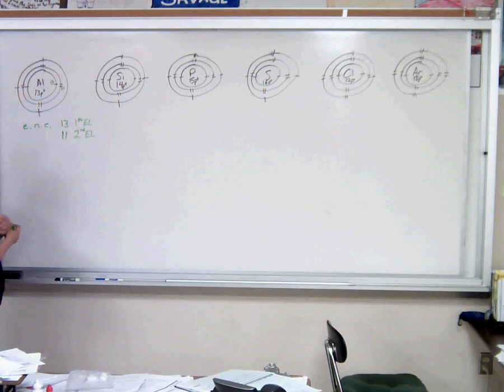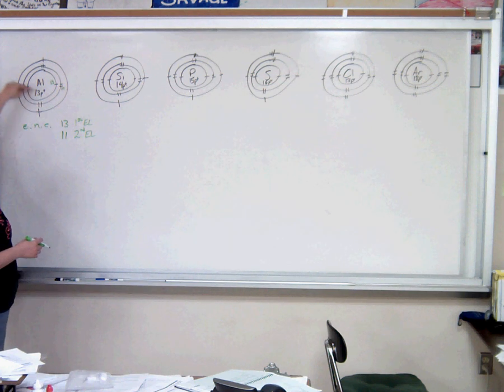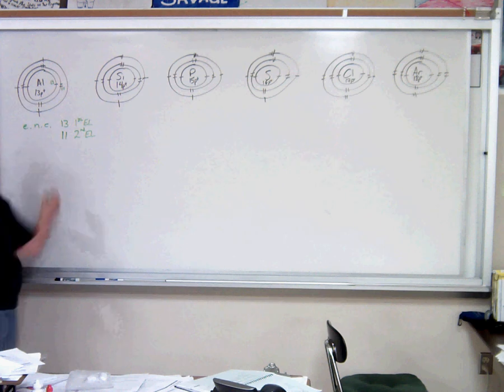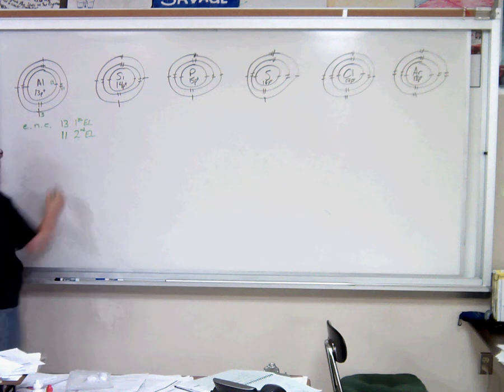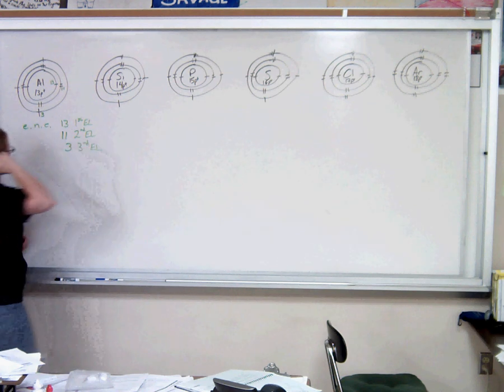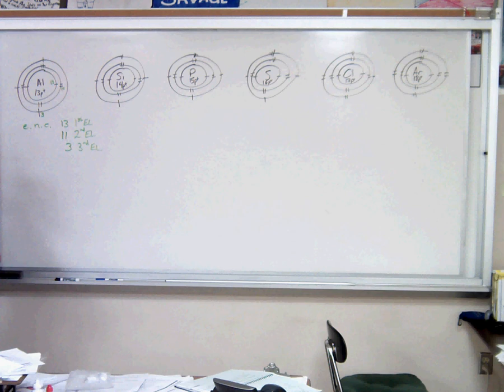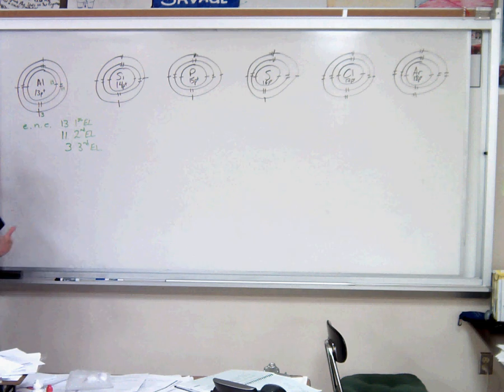Now the 3rd energy level, the valence shell, is being shielded by both the first energy level electrons and the second energy level electrons. So that's a total of 10 electrons between them and the nucleus. So therefore, they are only feeling 3 protons' worth of force. 3 for the 3rd energy level. So if we want to talk about the effective nuclear charge of the various electrons on aluminum, they have either 13, 11, or 3, depending on how far away they are from the nucleus.